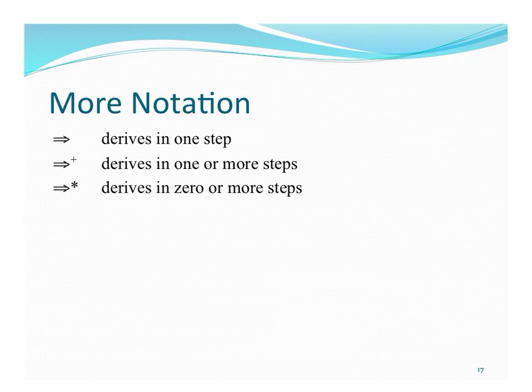More detailed notation: the double arrow by itself means derives in one step, exactly one step. If you stick a plus on it, that means derives in one or more steps. And if you stick a star on it, that means derives in zero or more steps. This shouldn't be too surprising.